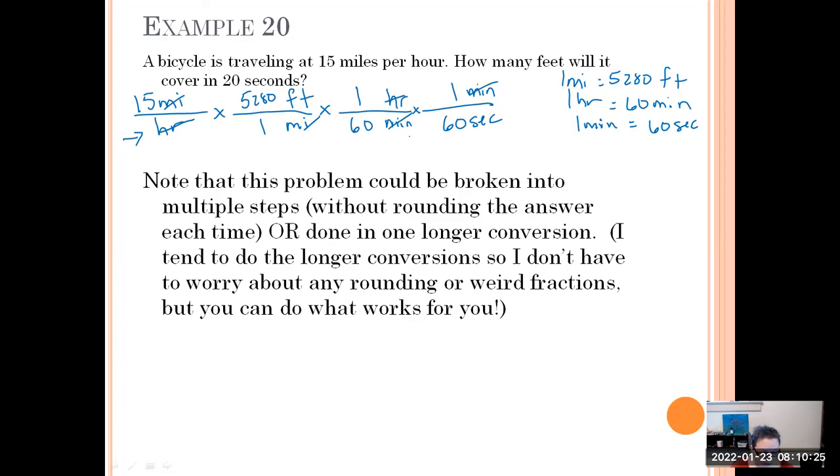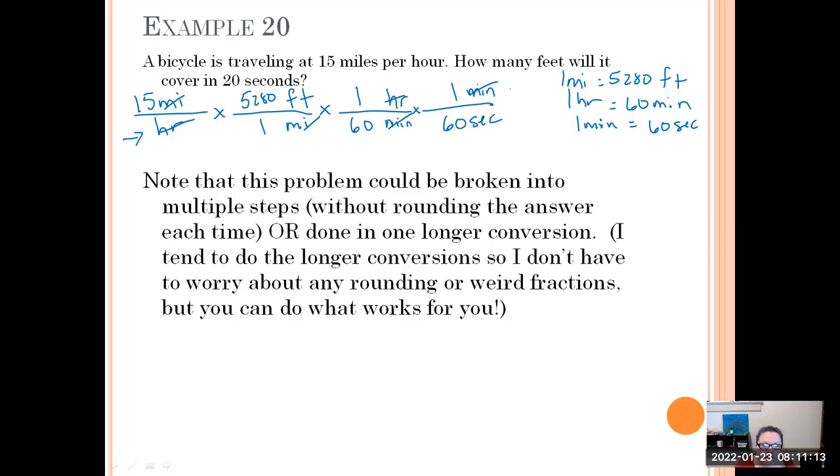So when we multiply this, 15 times 5,280 times 1 times 1, what do we get? I'm going to pause real quick. Okay, whipped out the trusty calculator. I got 79,200.